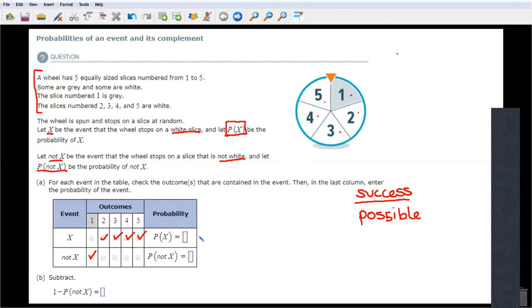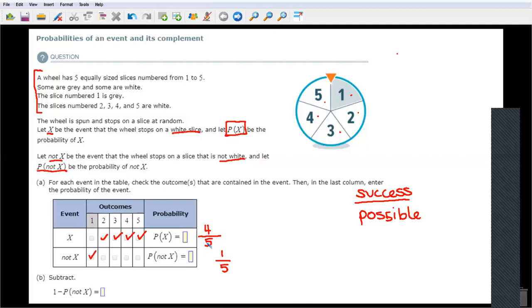So we have 5 total outcomes, and over here we're going to have 5 on the bottom. Then we look at how many of the 5 outcomes make X happen, which in this case means it has to stop on a white slice. Out of these 5 slices, 4 of them are going to be white. For not X, we have 1 out of the 5 that is gray, which means that fits into the not X section.